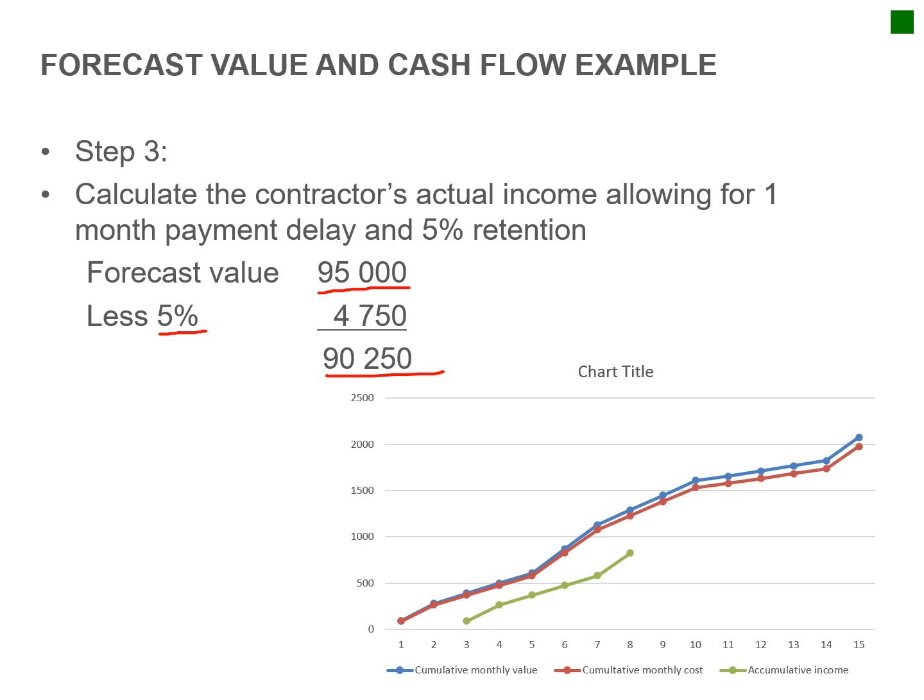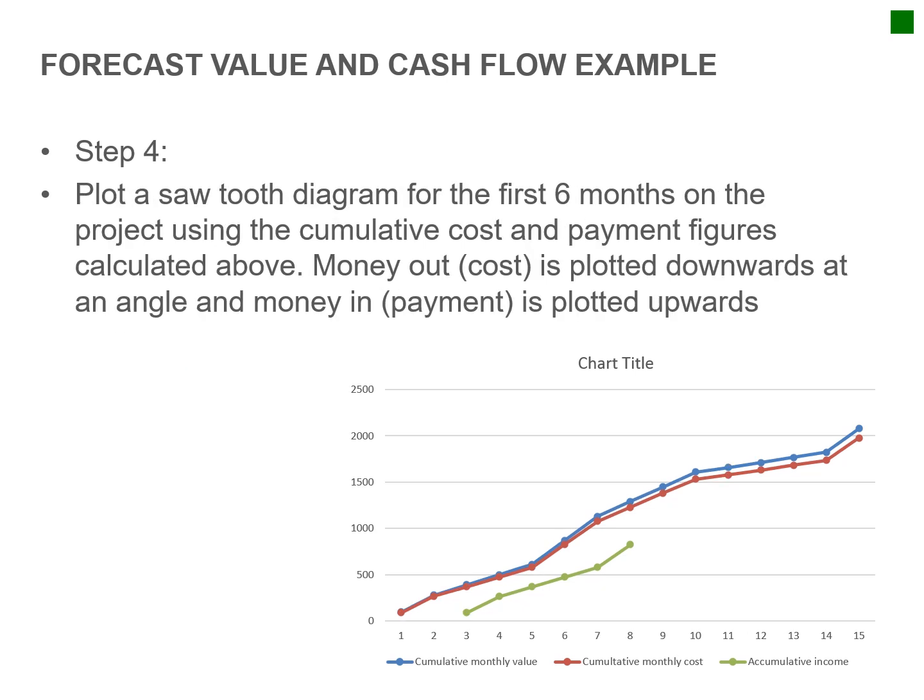Okay, so this is now for the income that we're calculating. So we've got 90,000 as our actual income, which you put in at the end of the first month, and then you only receive your payment after the second month. Okay, so this is your cash flow inflow, and this is that 90,000 that's projected there. Okay, so that's more or less how it works.